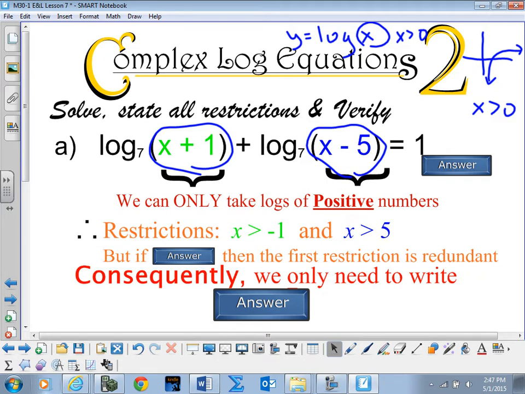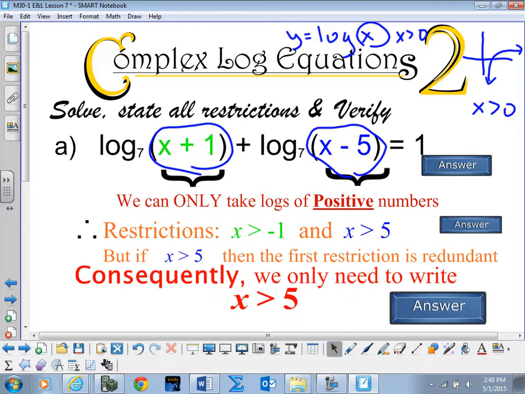So it says the first restriction is redundant. If we say x is greater than 5, then the first restriction is redundant, because all values that are greater than 5 will be greater than -1.